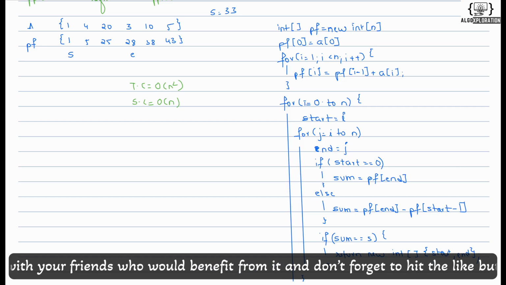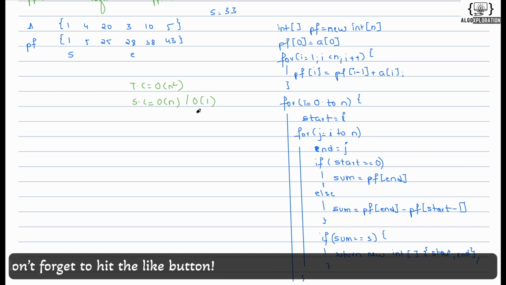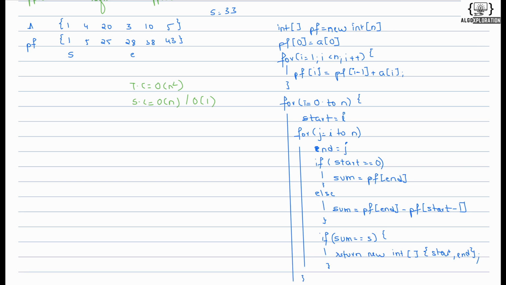So in this case the space complexity will be order of 1. I hope you got this. But even if a is not final, so space is constant, we can see that the time complexity is n square, which is still quite huge. So again we have to come up with another approach.